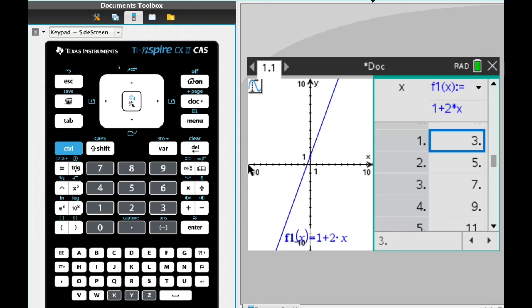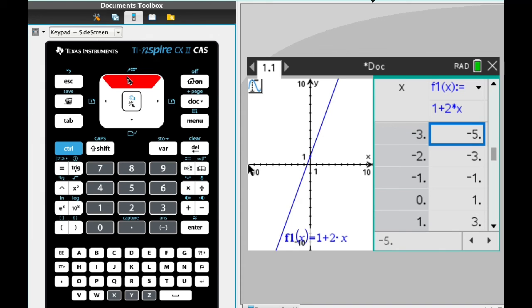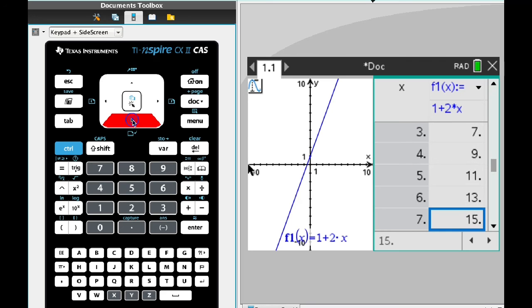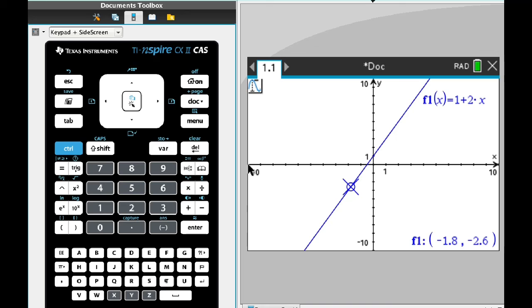Using your arrow keys, you can move up and down the table of values. If you want to go back to your graph, press Control T again, and the table of values has gone.